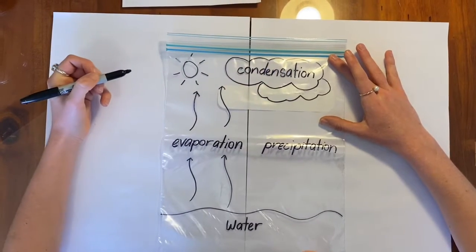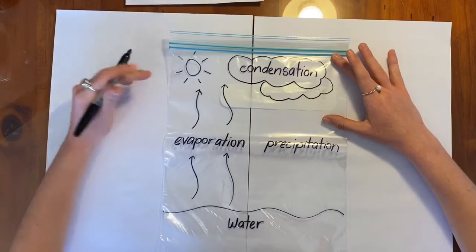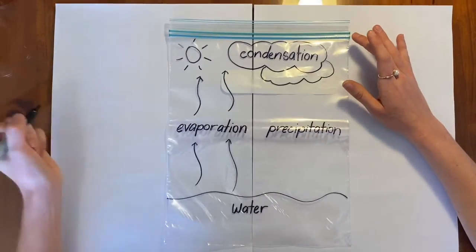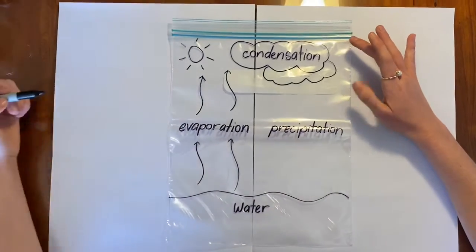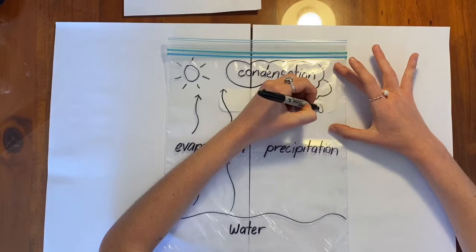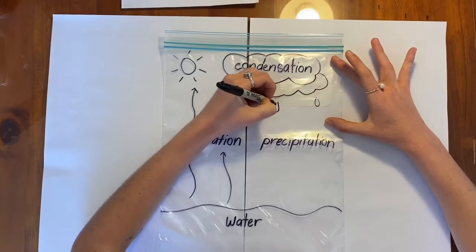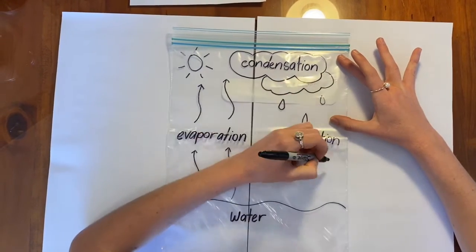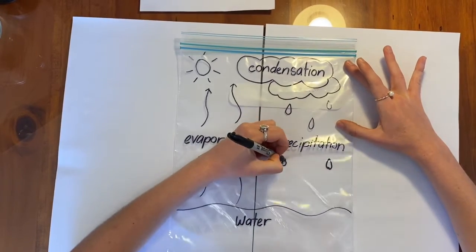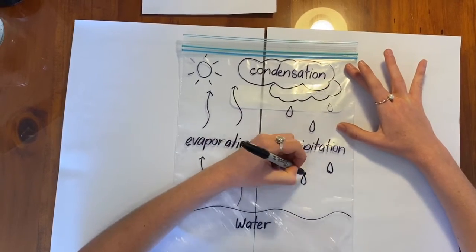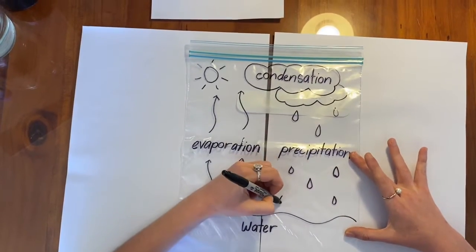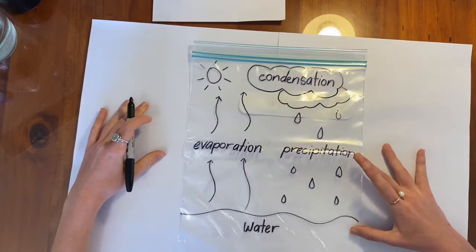And then the water, or the liquid, in the third stage gets too heavy for the cloud to hold. And that's called precipitation. It falls back down to the earth through water drops, or sleet, or snow. And it falls back into our body of water, so that's a lake, a river, a dam, or the ocean. And the process starts again.